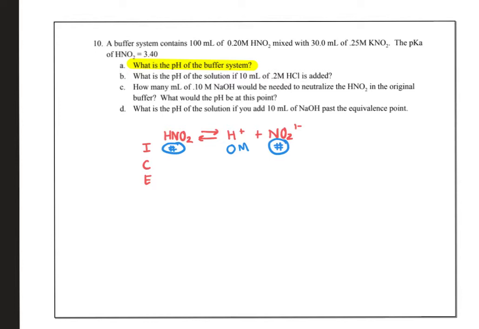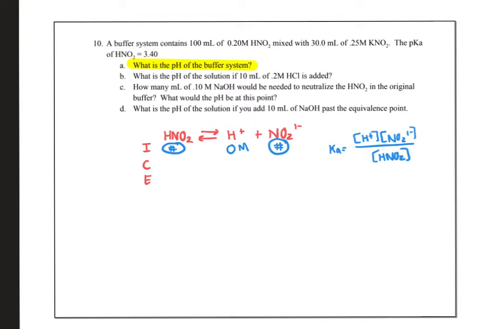So to solve this, first of all, Ka equals, I always write the Ka expression as soon as I write the acid breaking apart. So I could do an ice table. I know the pKa, so that allows me to find Ka. I can do an ice table with a common ion, a starting amount here and a starting amount here to find the pH.